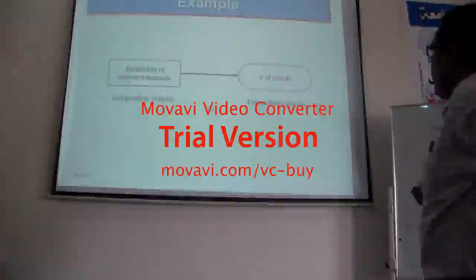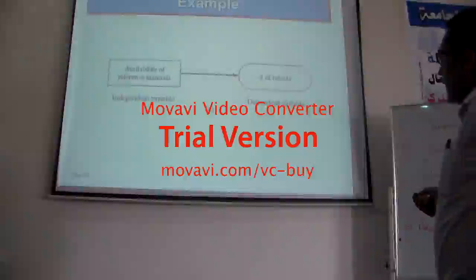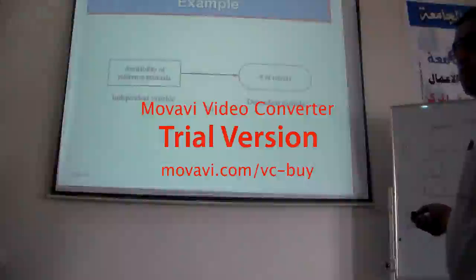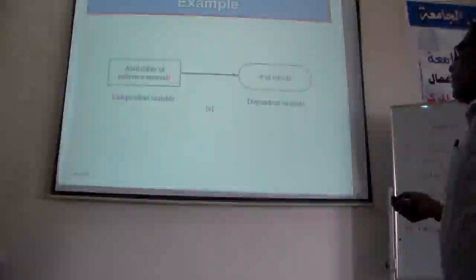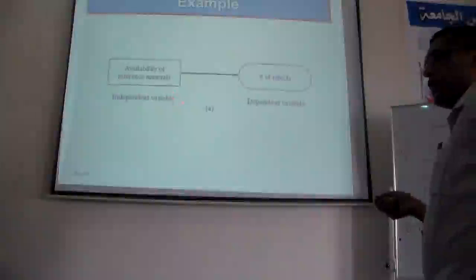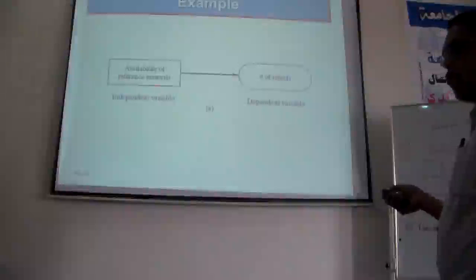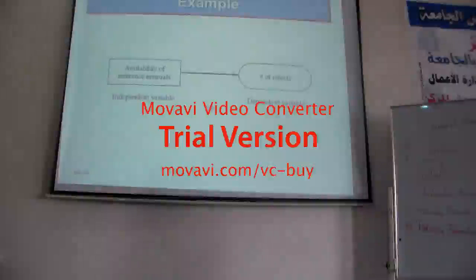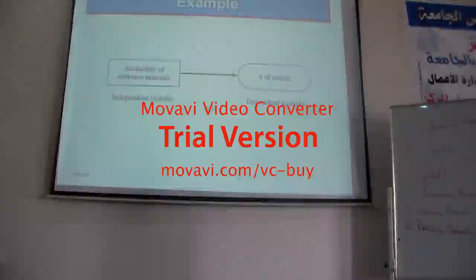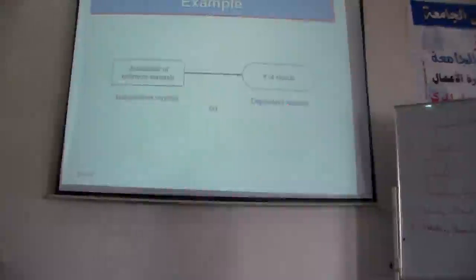So this is the dependent variable, meaning it depends on something. The number of rejects depends on whether the employee looks at the reference manual or not. The independent variable affects or influences the dependent variable.